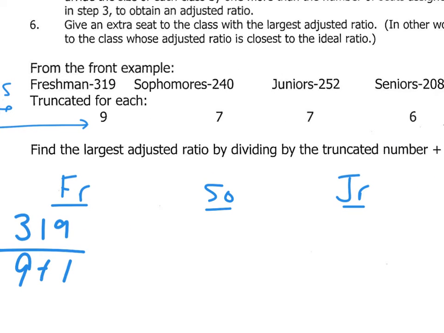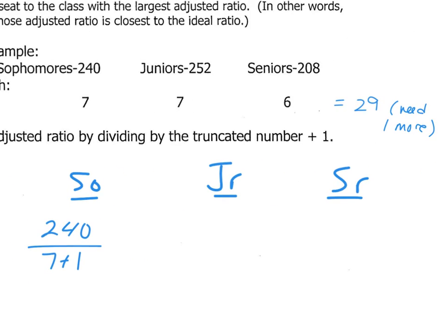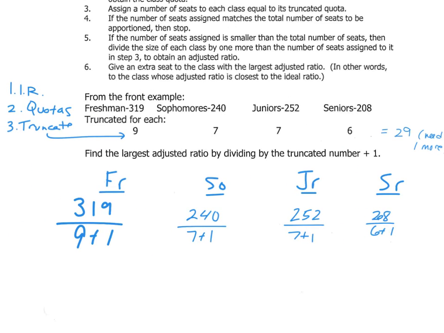So then here the sophomores had 240 people. Remember, they got 7 seats, so now they get 8, 7 plus 1. Same is true here, they also had 7, 7 plus 1. And then 208 divided by 6 plus 1, or 7.